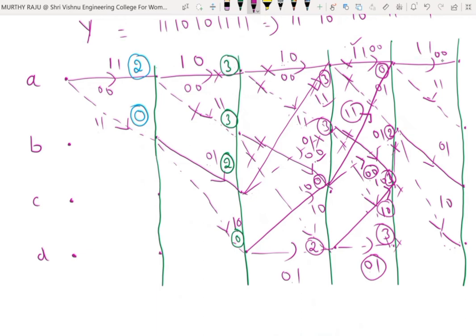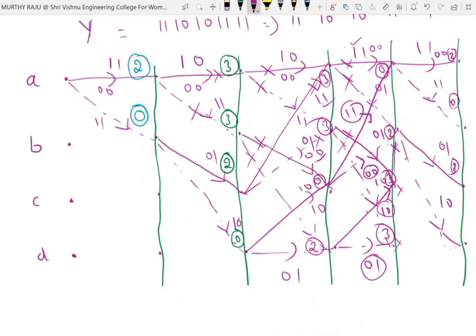Here the output is 1 1 1 1 1 1 0 0. Different, 2 changes are there. 0 plus 2, that means 2. 1 1 1 1 doesn't change. 0 0 plus 0 is 0. Here 1 change is there. This one is 1. 1 plus 2, that means 3.